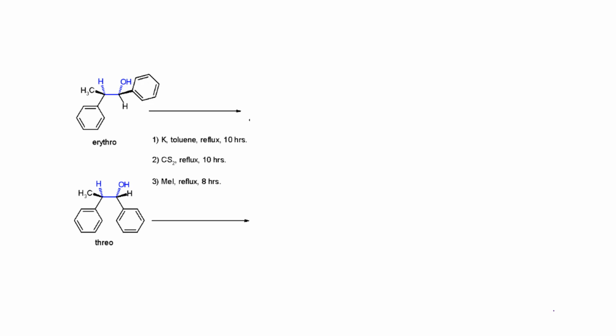So here you can see that from a specific stereochemistry of the substrate, you will get a specific stereochemistry of the product. So this type of reaction is stereospecific because the reaction intermediate is always prone to syn hydrogen. Therefore, a specific stereochemistry of the substrate will lead to a specific stereochemistry of the product.